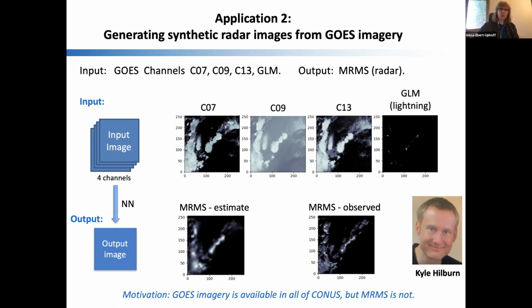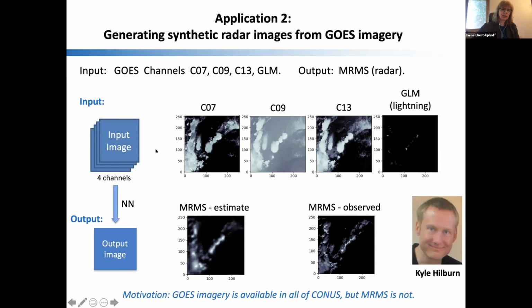If you take mountain ranges, for example, you usually have no radar coverage. And we would love to have radar coverage everywhere. The idea is we can generate an estimate of that just from the geostationary satellites that we have available everywhere. So the input is the geostationary satellites, and we try to emulate MRMS everywhere in the United States where MRMS isn't available to observations.